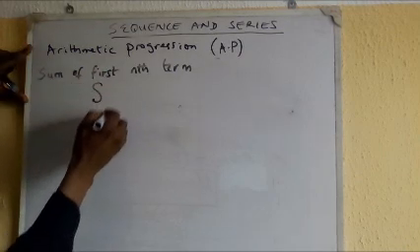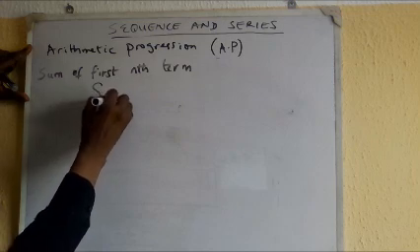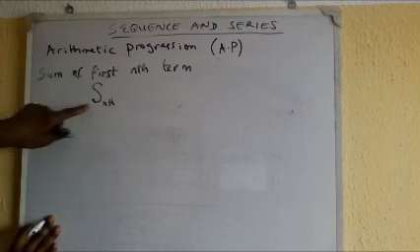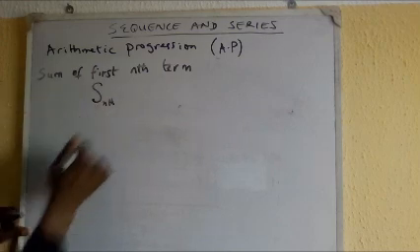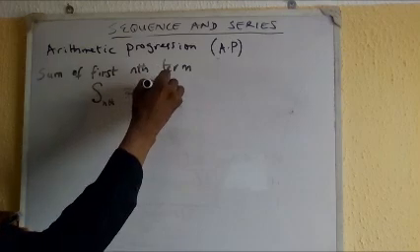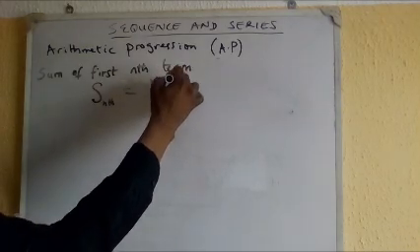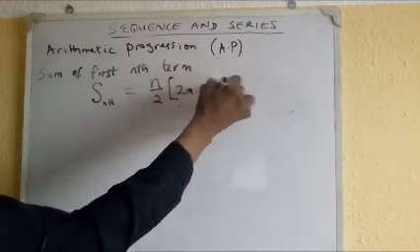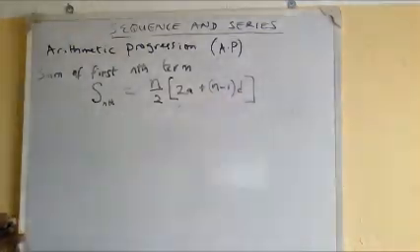I'll put it as S nth. S is sum, nth is the number of terms. So the sum of the first n terms is equal to n over 2, open bracket, 2a plus n minus 1, close bracket, then d, close bracket again.